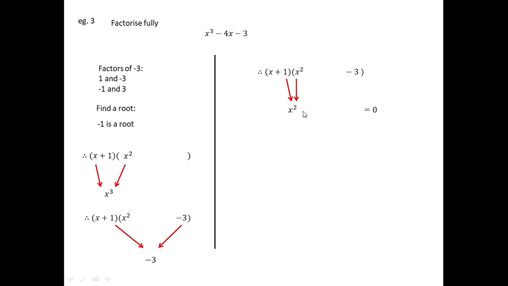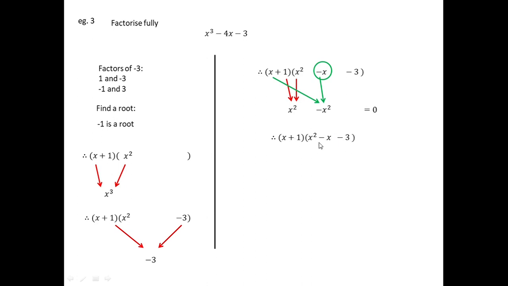The answer is a negative x squared, because x squared minus x squared would give me 0. So this x times that middle term has to give me negative x squared. So what must that term be there? It must be a negative x. So there we have it so far. We have one of our binomials figured out, and we have a trinomial there that we have to factorize.